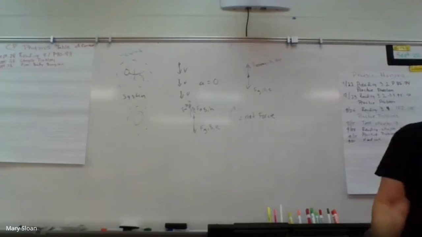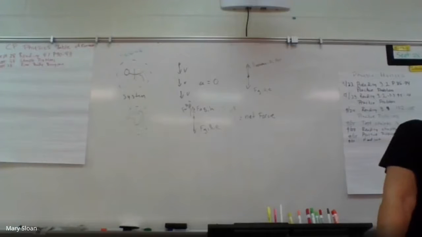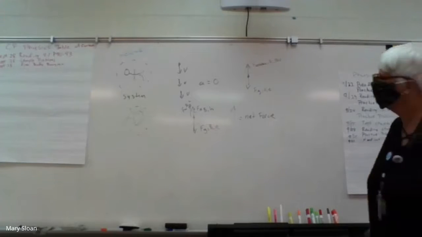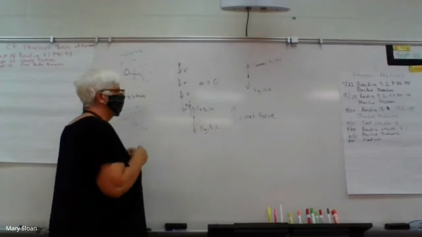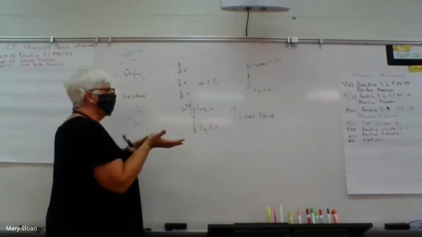All right, so the next one says, after the softball leaves your hand, it rises up and slows down. So what happens here? The force applied decreases, so it slows down. Well, it's left your hand, right?